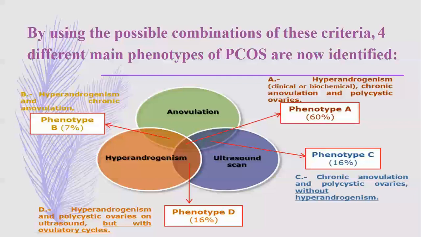She will have amenorrhea, oligomenorrhea, and she may complain of hirsutism, and we may think that the patient has Polycystic Ovary Syndrome, but she has thyroid disease. Another cause may be Cushing syndrome.